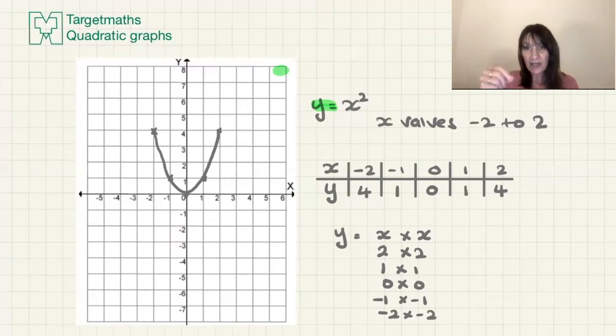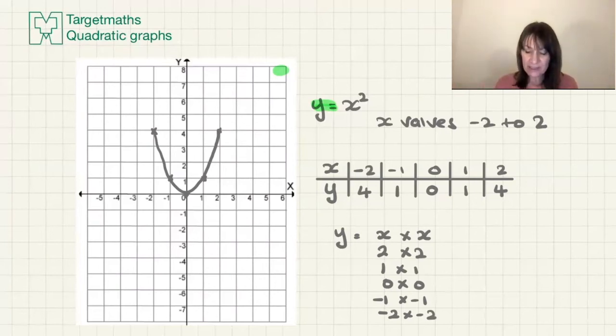It should be a curve, so never draw them up with straight lines. As soon as a graph has a bend appearing, then it's going to be a curve, and they want that as smooth as possible. X squared creates this kind of smiley face. If you've got a minus 1, it would flip it, but the coordinates would naturally happen for you, so you don't need to think that hard about it.